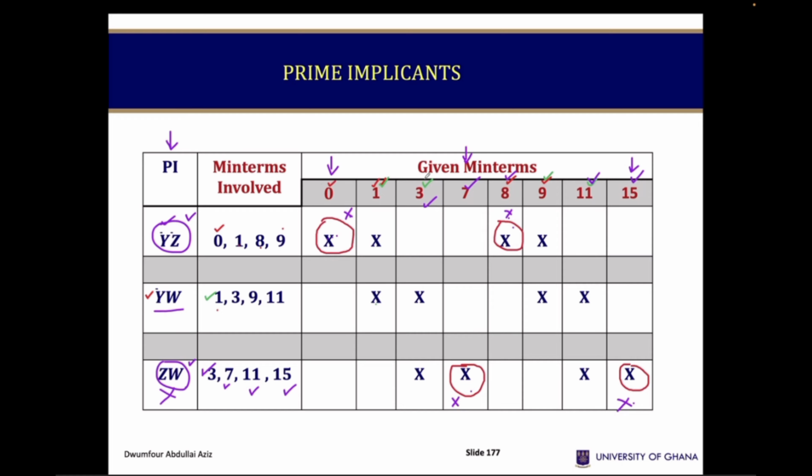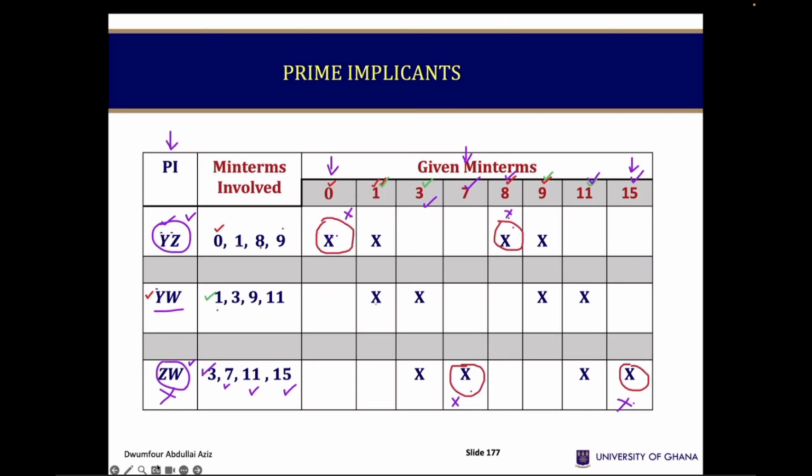But there was some overlap, and we didn't know what was causing it. Now we have been able to unravel and see that there was some redundancy, and only Y bar, Z bar, and ZW are essential. It means that this and this should be enough to cover the whole mean terms.